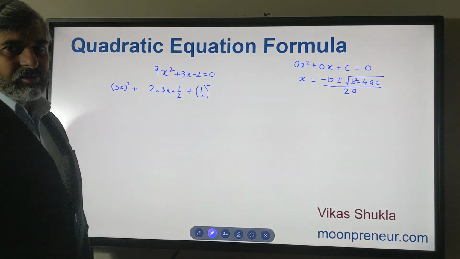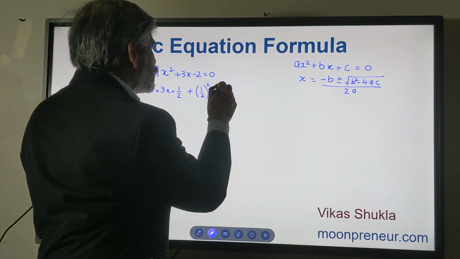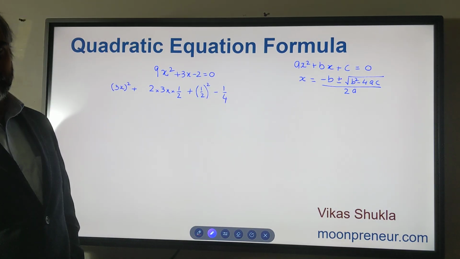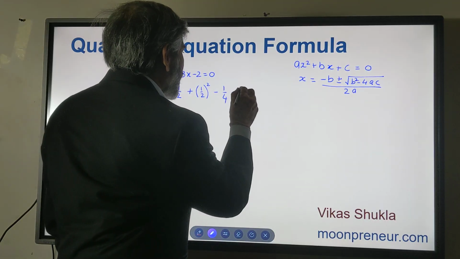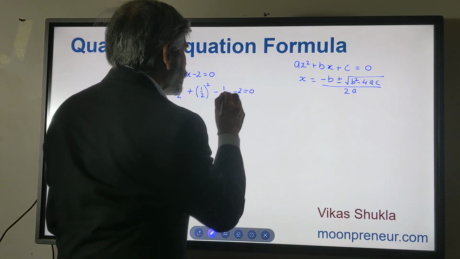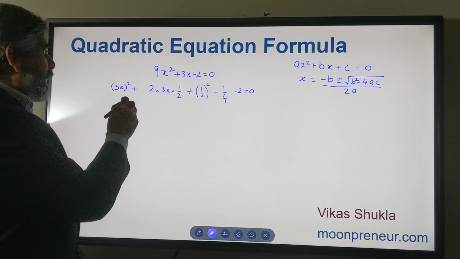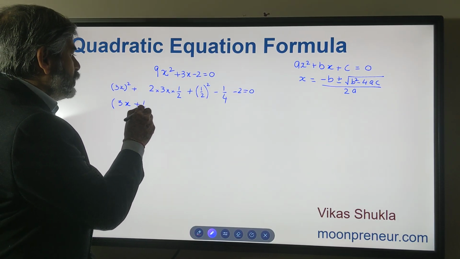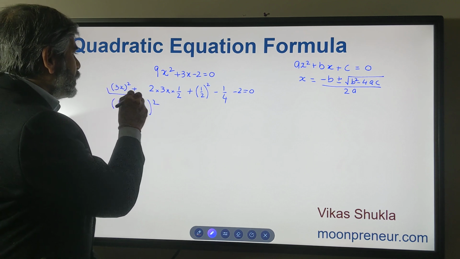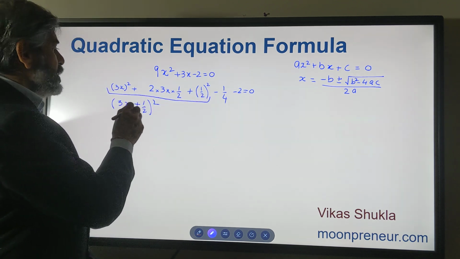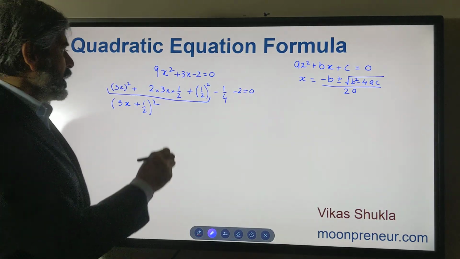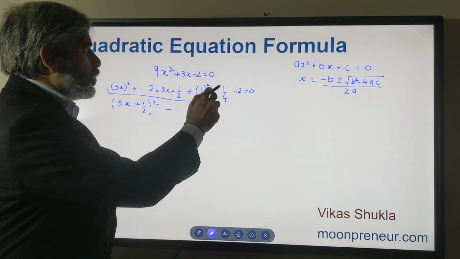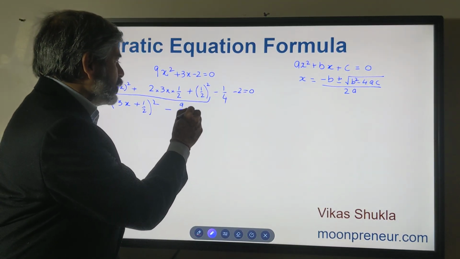Now I added 1 by 2 whole square, so I should also subtract 1 by 2 whole square, or 1 by 4. So these terms cancel out, and then finally I add 2 here. By doing that, I can write this equation as 3x plus 1 by 2 whole square, and combining the constants, 4 into 2 is 8, and 1, 9 by 4, equal to 0.